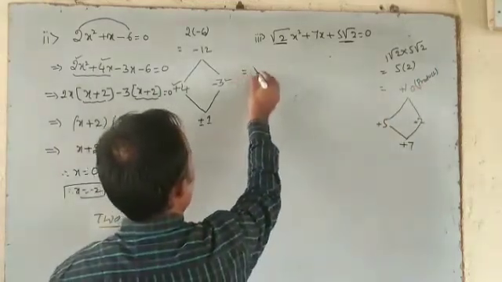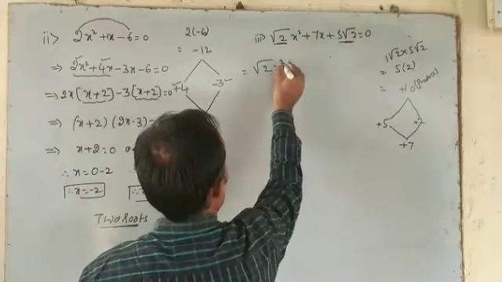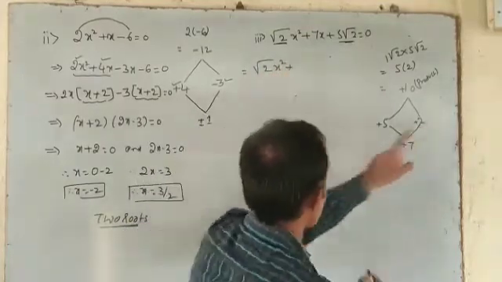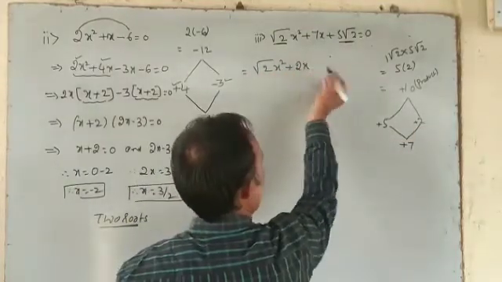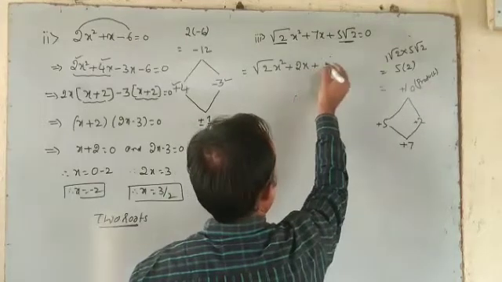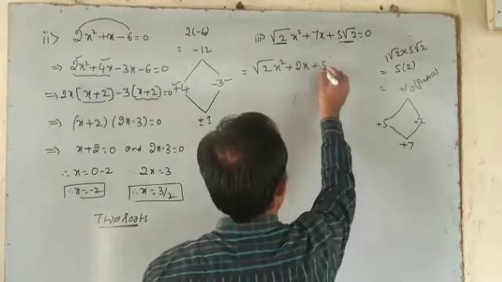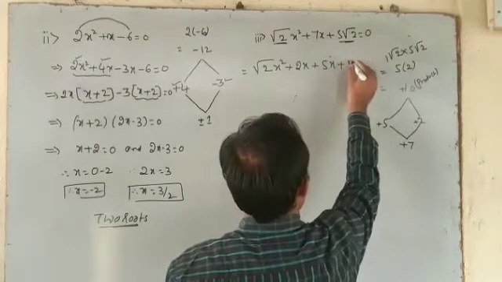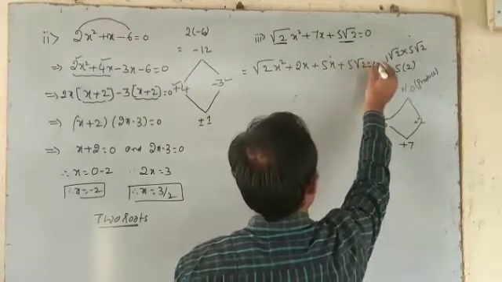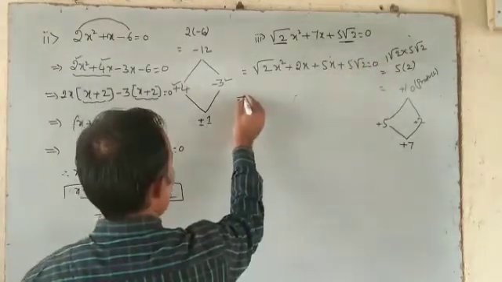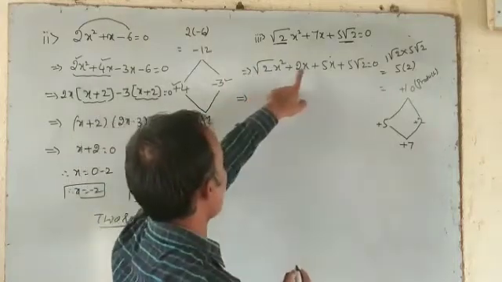So this is equal to root 2 x square, better we write the first term first, no changes, plus 5x plus 5 root 2 is equal to 0, which implies root 2 and 2.